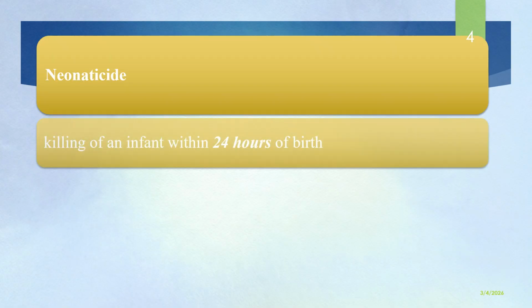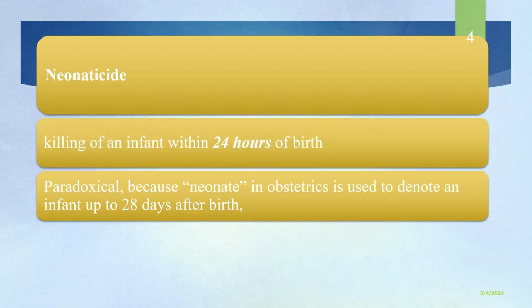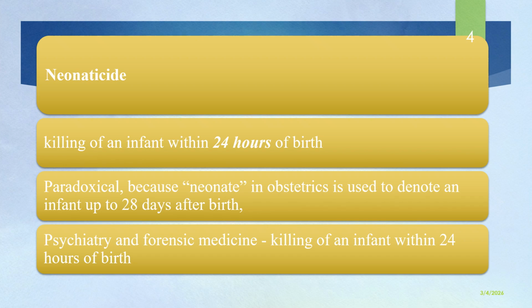Next is neonaticide. What is neonaticide? It is the killing of an infant within 24 hours of birth. So infanticide is when a child is born, but the death happens within 1 year. Then we have feticide, when a child is killed prior to birth.